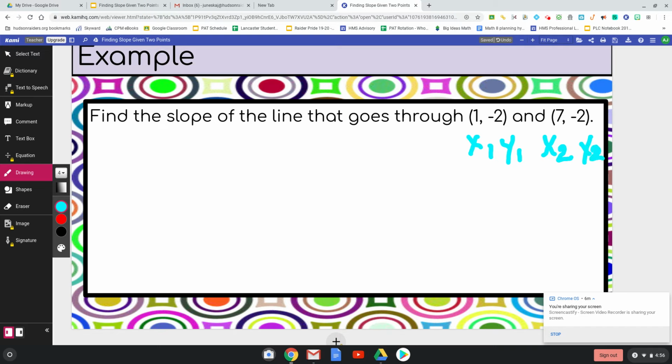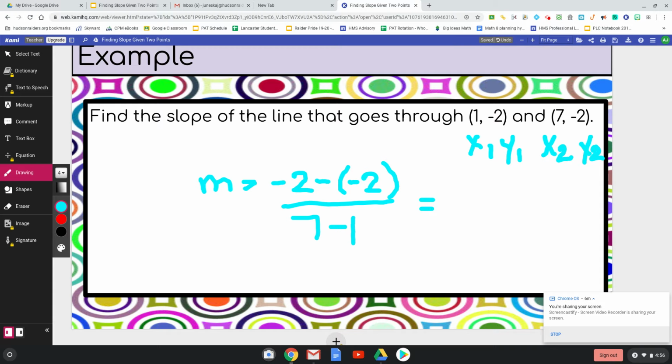Slope is going to be equal to -2 minus -2 all over 7 minus 1. When we do the computations, we get -2 plus 2, which is 0, and 7 minus 1 is 6. Because 0 is on the top of our fraction or ratio, this has a slope of 0.